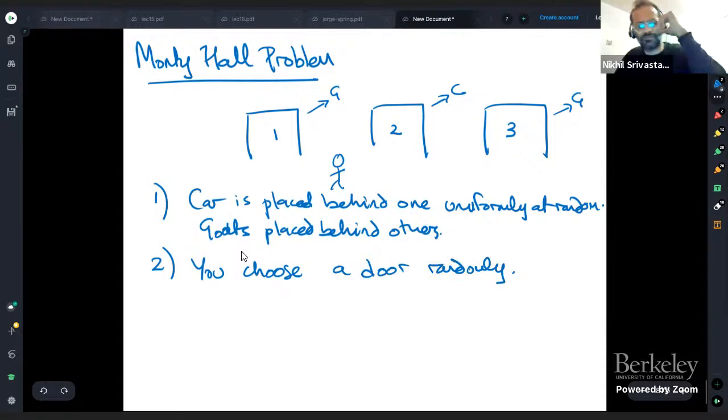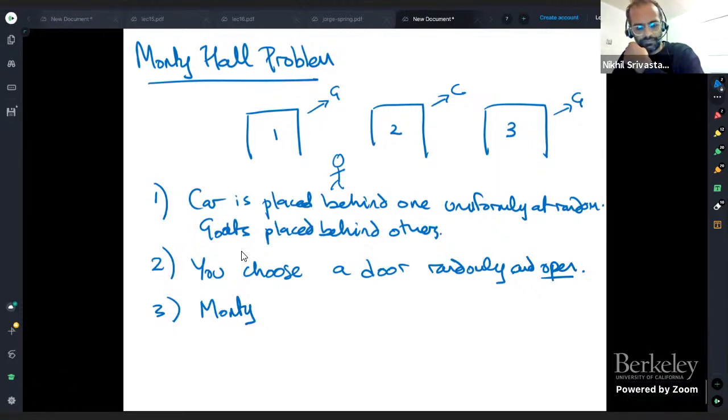This is a modeling assumption. You might as well assume it's random since you have no information. And then here's the twist. So Monty is the name of the game show host. Now, if you get the car, you win.